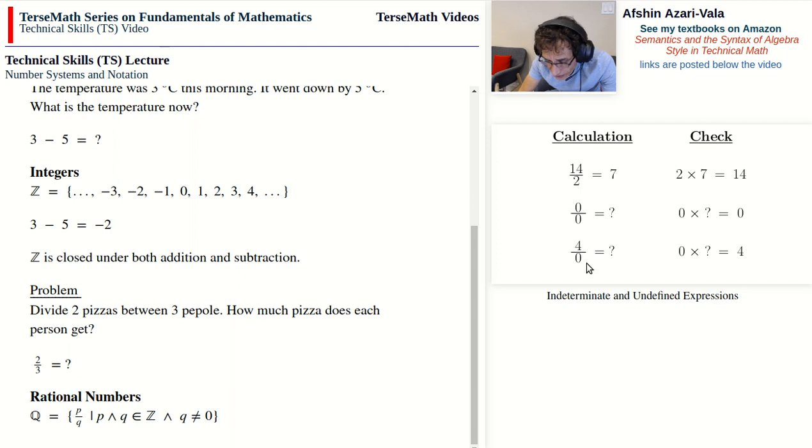In one case, it's not even a number, so it cannot be a rational number. And in the other case, it could be any number, including numbers that are not rational. So we also exclude that scenario. Both can be excluded if we make sure that we don't divide by 0. The bottom number cannot be 0.